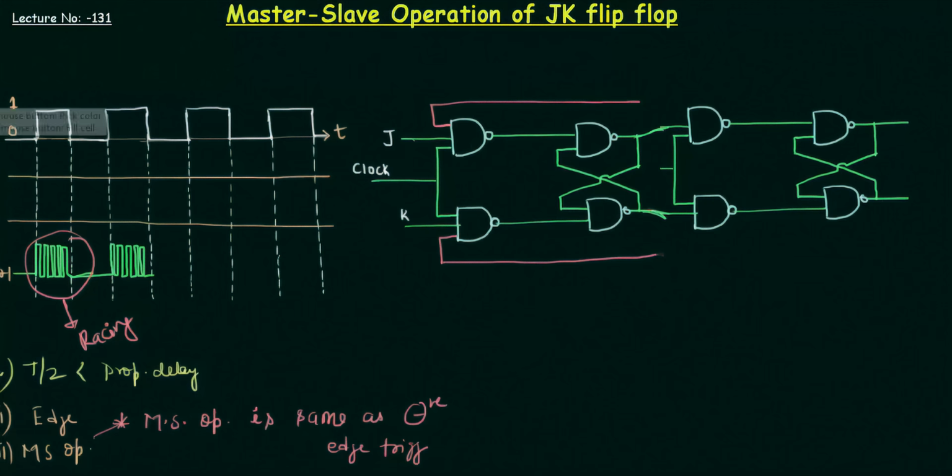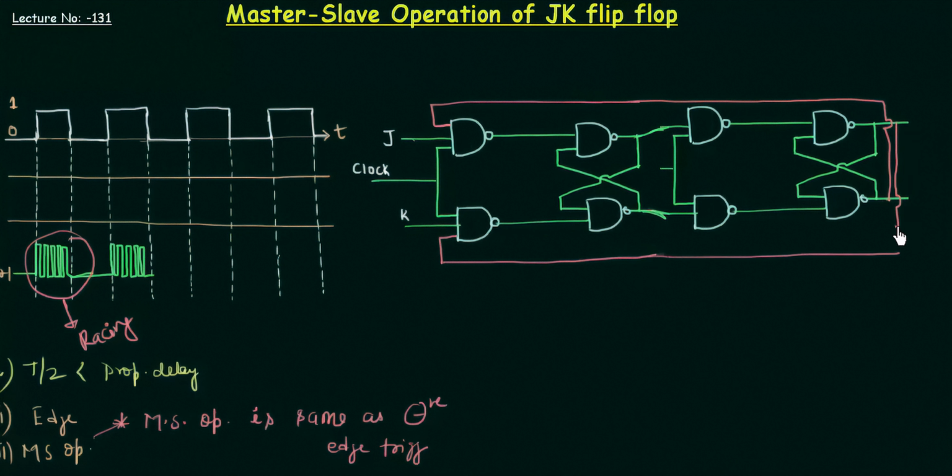And now let us connect the feedback to the output of this stage. So what we have done, instead of having this input to this gate from the output of the first stage, we have connected the feedback to the output of the second stage. So this is an important thing in a master slave flip-flop.